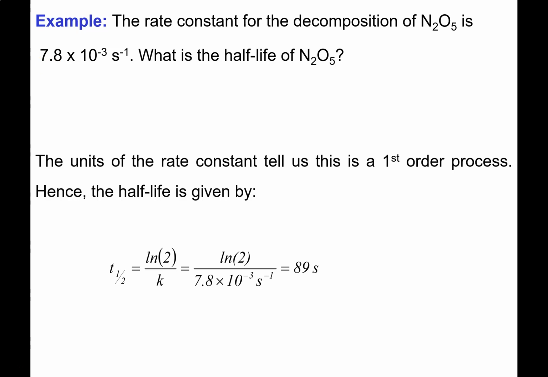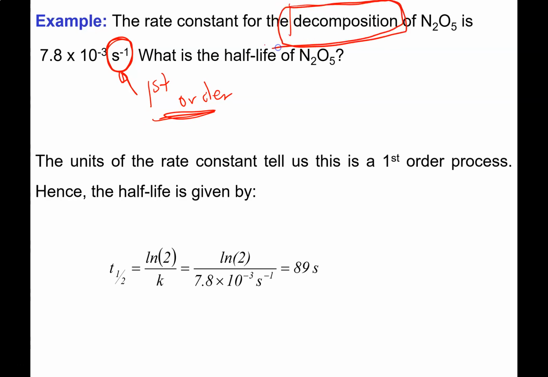And the little trick here is that they've told you the order of the reaction because they gave you the units for the rate constant, and that immediately tells you that this reaction is first order. Because it's a decomposition reaction, where one thing falls apart, we immediately know that this is a reaction that has only one reactant.